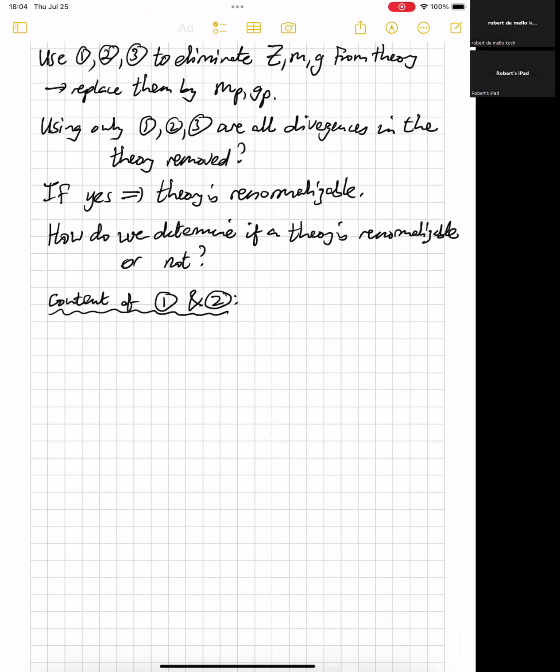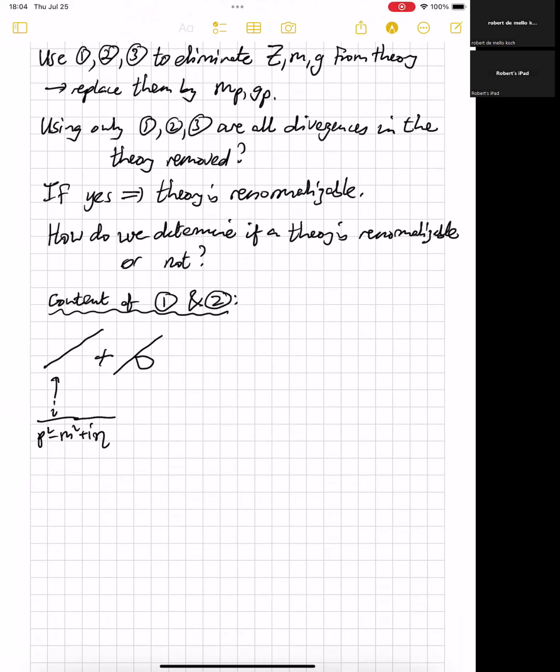Since we're only working to one loop, if we were looking at the 2-point function, we would add this diagram to that diagram. Now, what is interesting, this diagram over here is i over p squared minus m squared plus i eta.